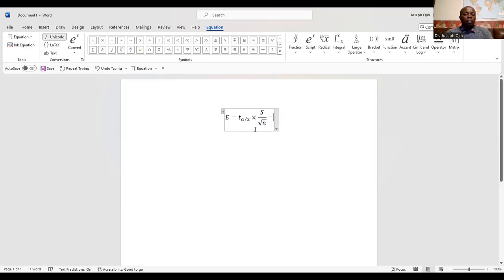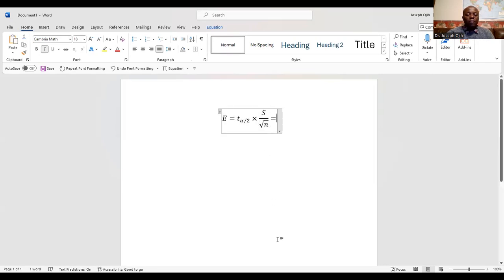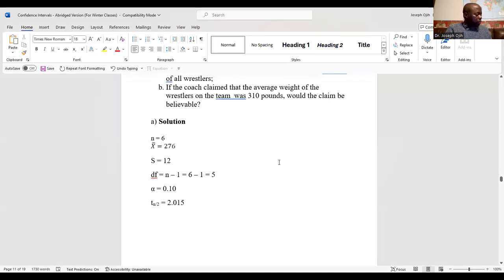So T alpha over 2 is 2.015, standard deviation S is 12, and n is 6. Let's put it in so we can get our error.